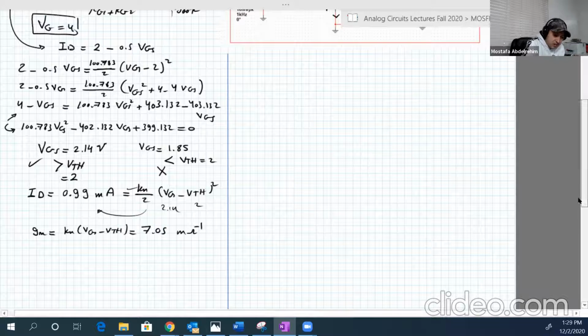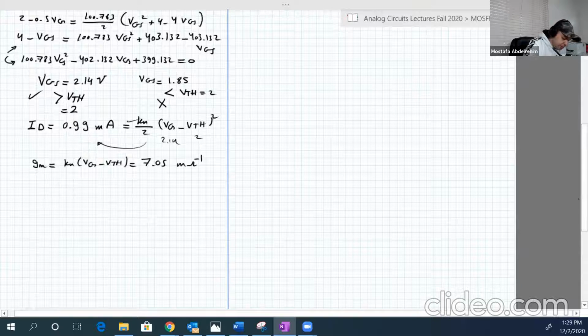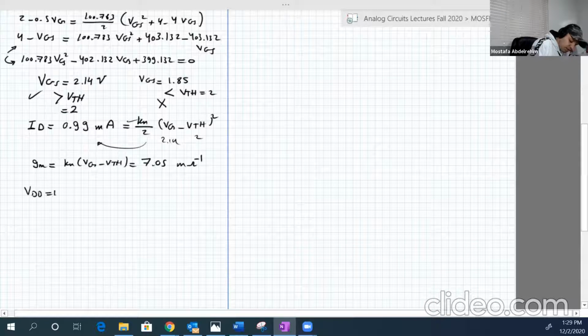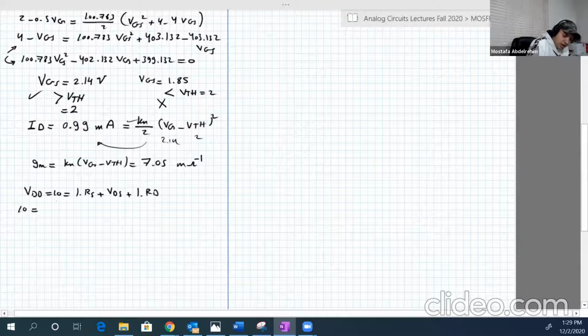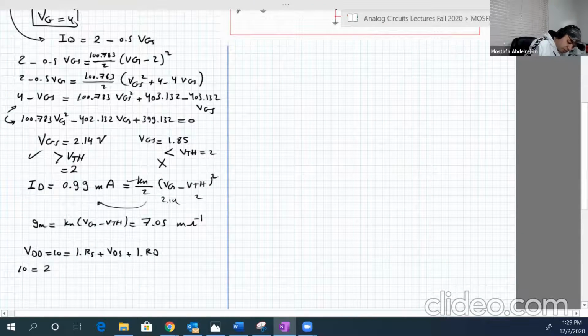So we can calculate VDS from that big loop here. From that branch, the voltage across RD, plus the voltage across the transistor VDS, plus the voltage across RS, is equal to VDD, which is 10. ID is 1 milliampere. RS is 2 kilo multiplied by 1 milli, it will be 2.